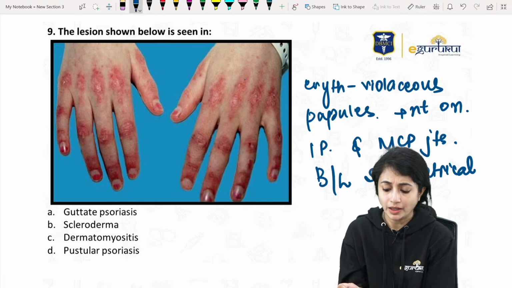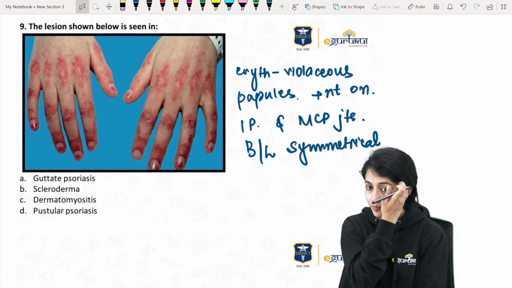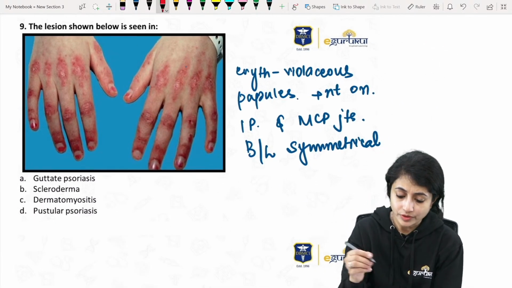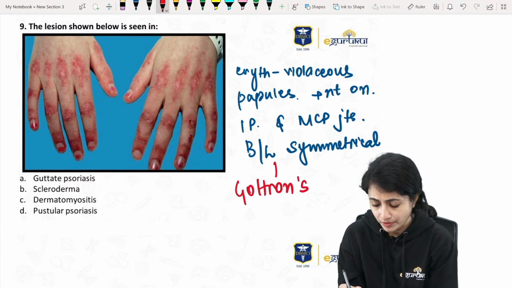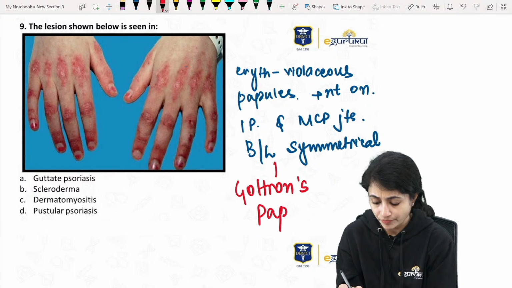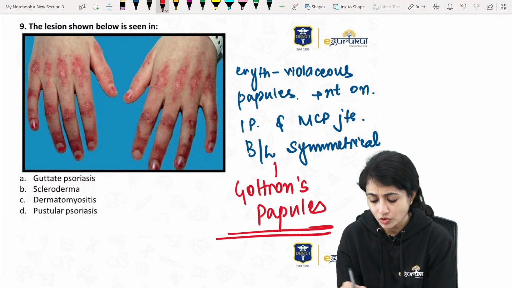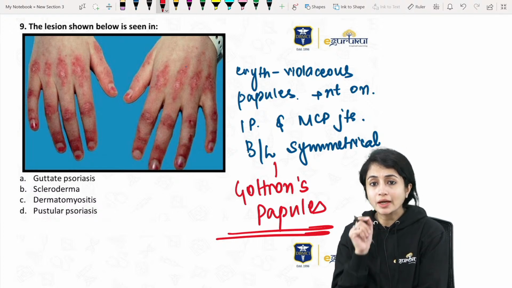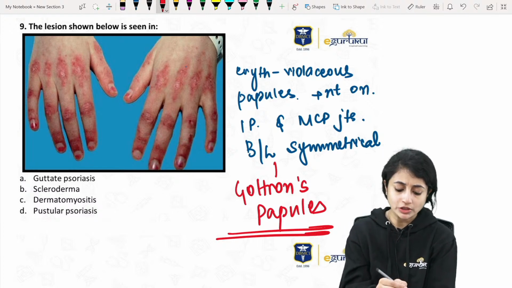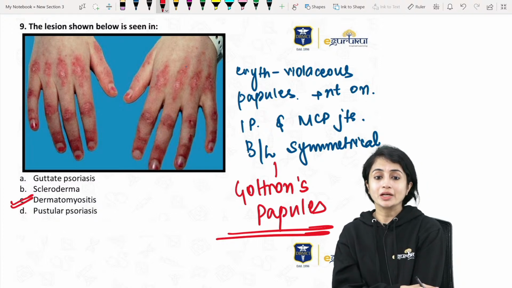This is called Gottron's papules, which is the characteristic or pathognomonic lesion of dermatomyositis.